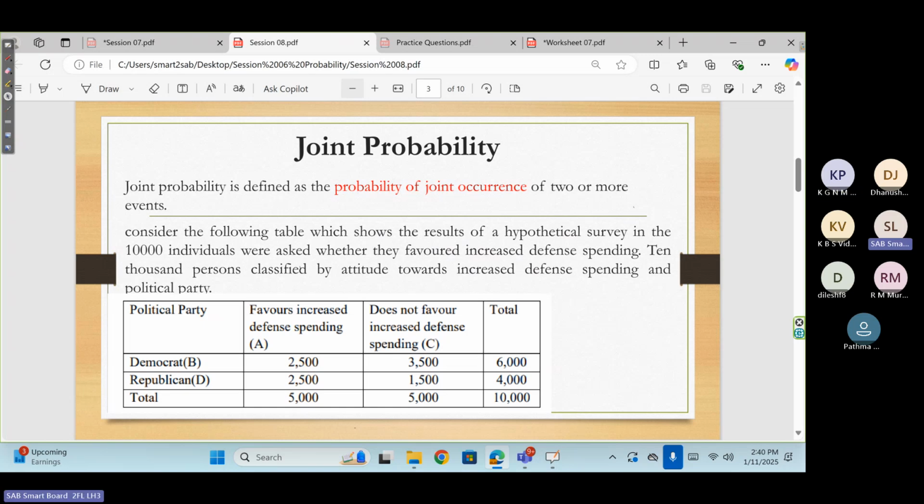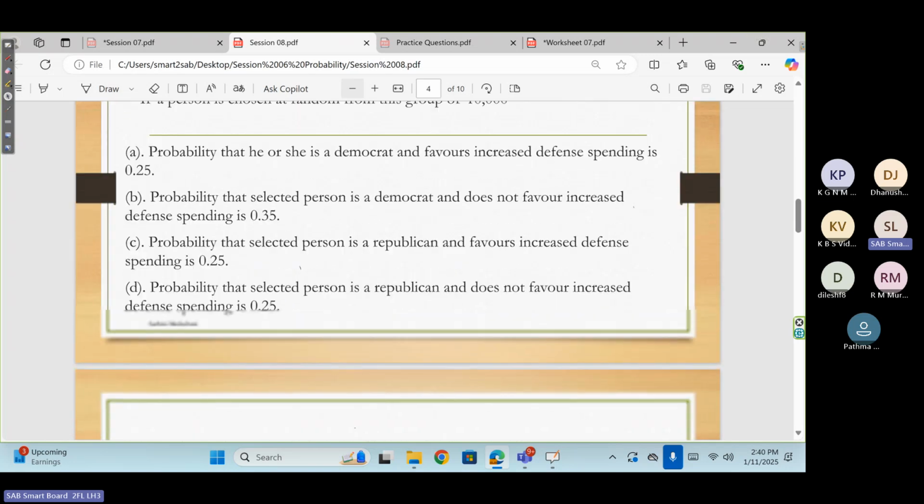This table shows the results of a hypothetical survey in which 10,000 individuals were asked whether they favored increased defense spending. 10,000 persons classified by attitude towards increased defense spending and their political party. Then this table shows two categorical variables. One is their political party, the other one is their attitude. Understood? Then, in joint probability, we take the example.